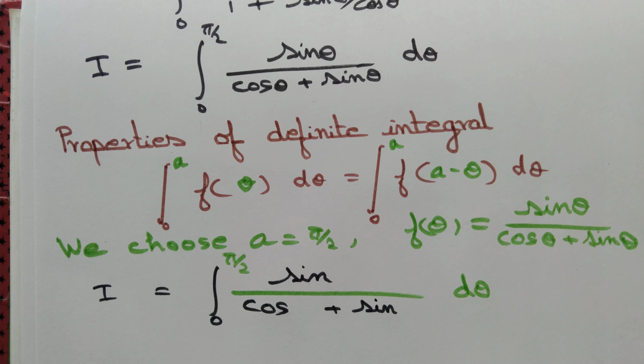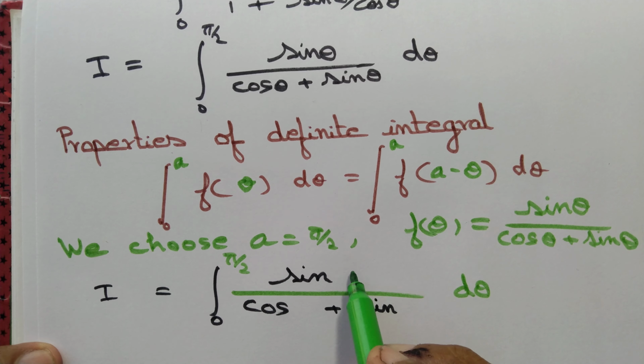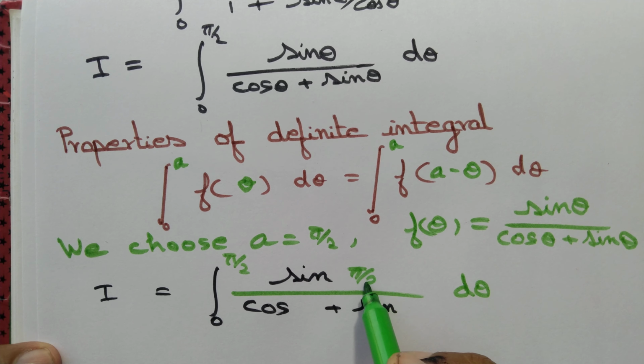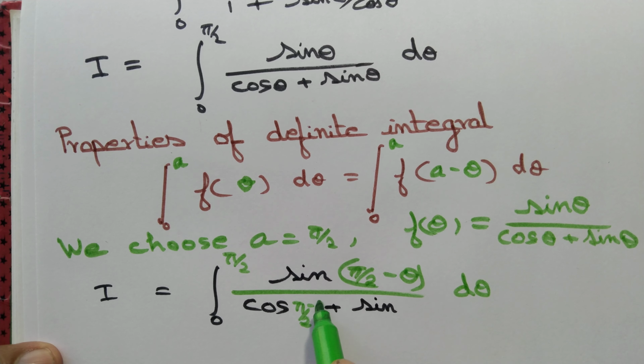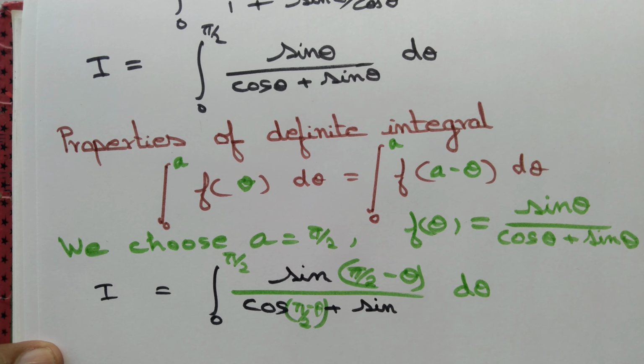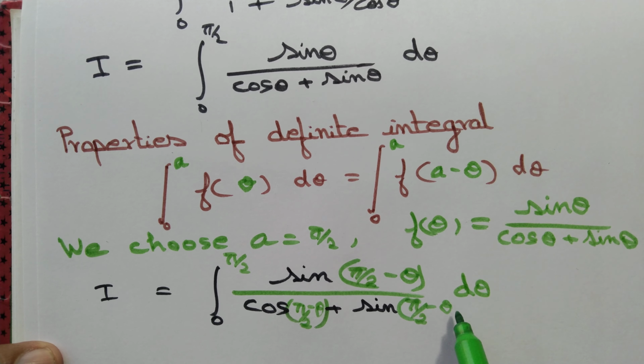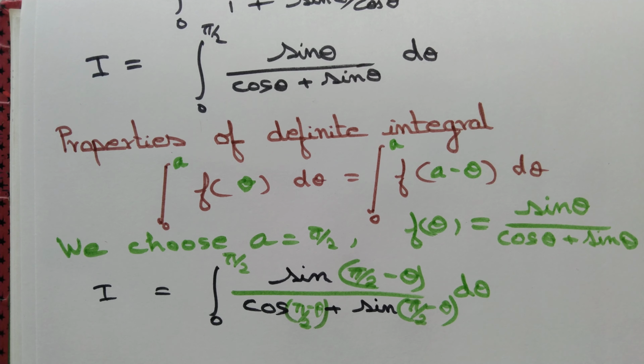Just replace theta by pi by 2 minus theta, and we know that the integral does not change.